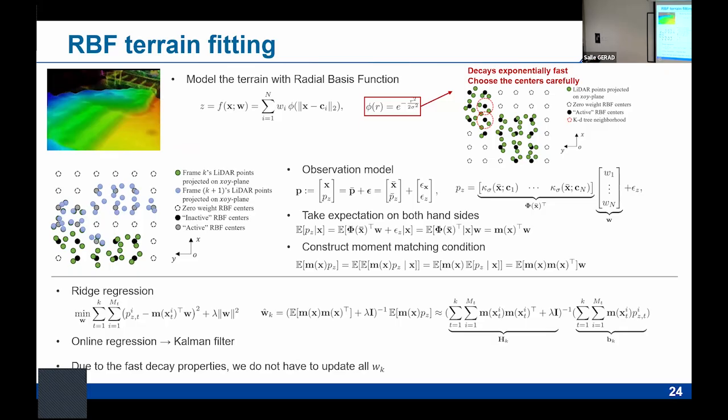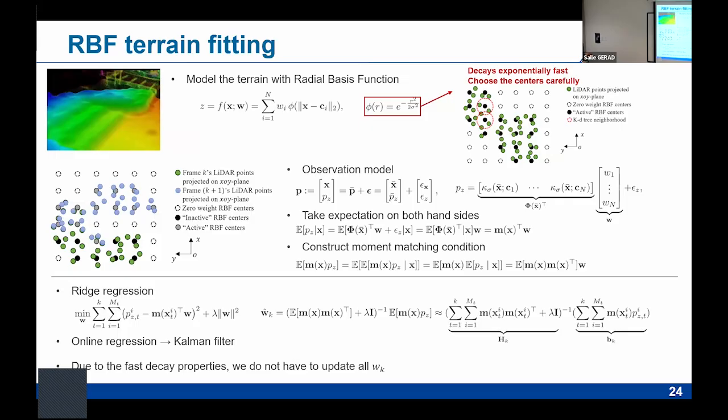But since this one decays exponentially fast with respect to r, to increase the efficiency you have to choose your centers C, you place your center points around where these LiDAR points are located.